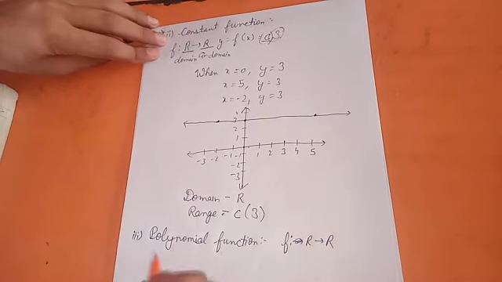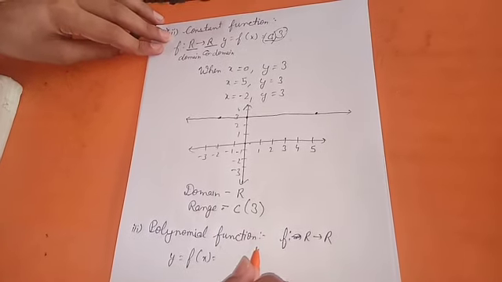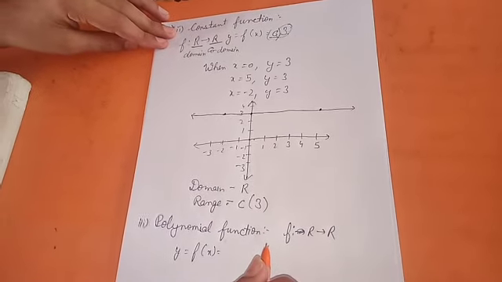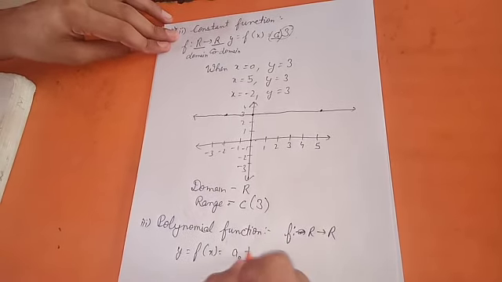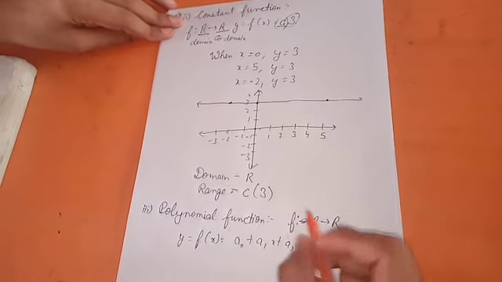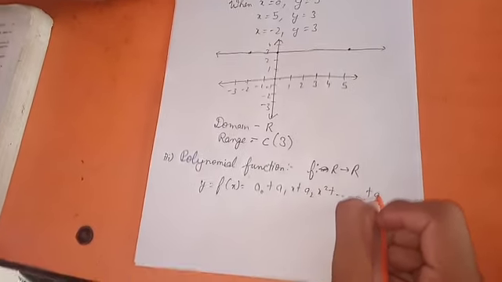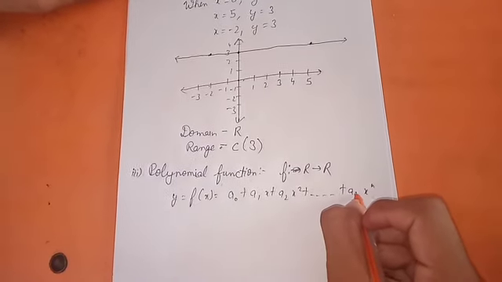Now we can say that our y will be equal to f of x is equal to a0 plus a1x plus a2x square plus in this way till a n x n.